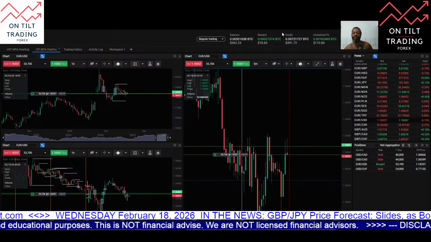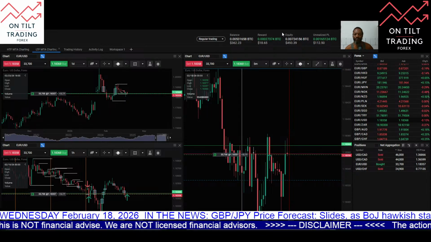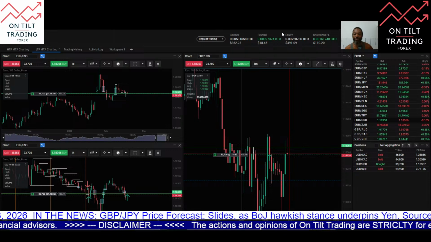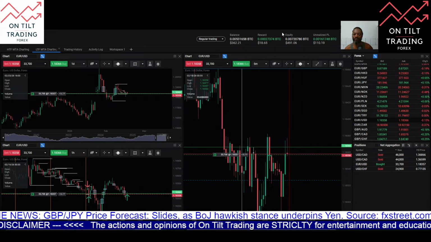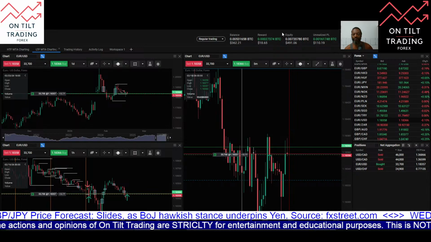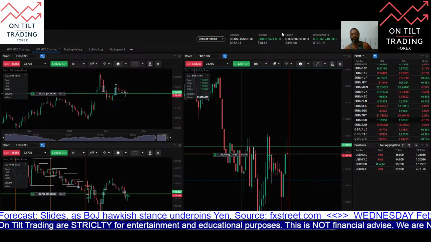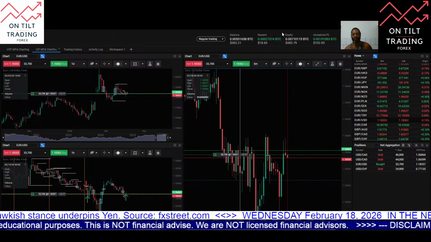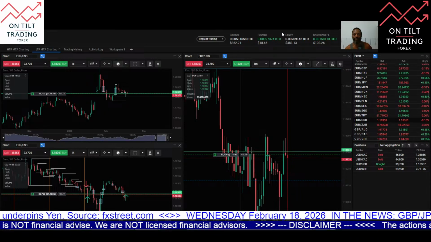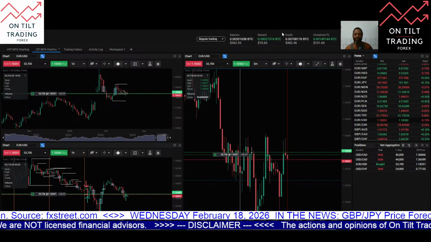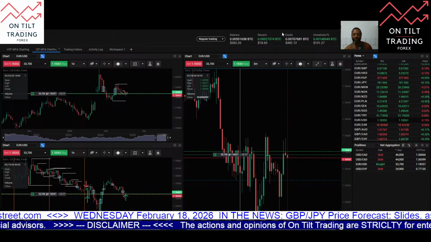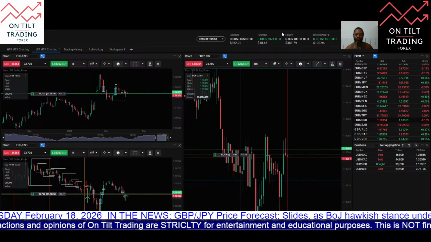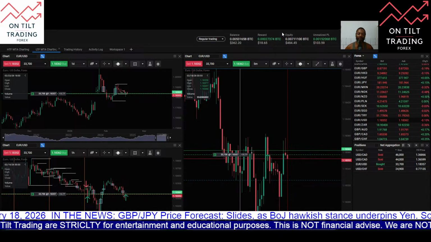Less than 1 minute remaining in the London kill zone. Price here on euro dollar consolidating just above my entry level. And that does it for the London kill zone. Price now consolidating here with my entry in between the bid-ask spread.